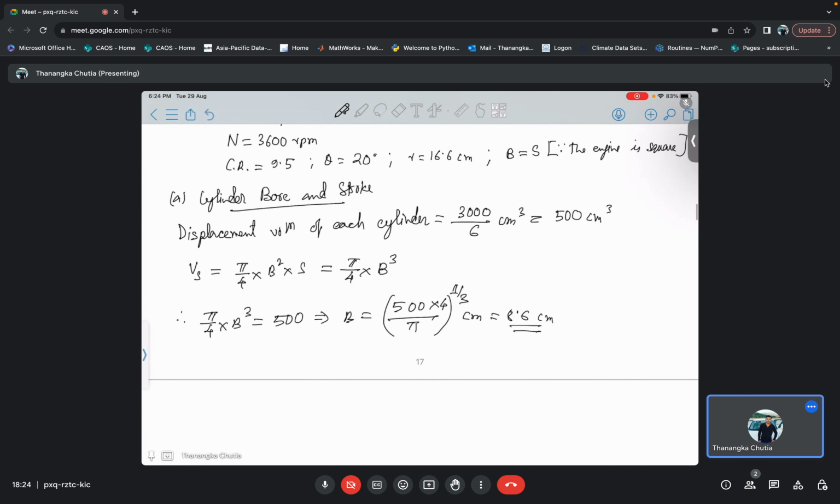Therefore your stroke will also be equal to 8.6 centimeter.